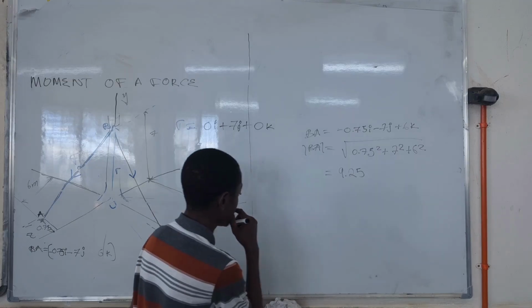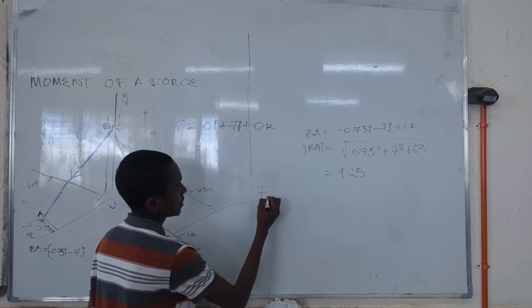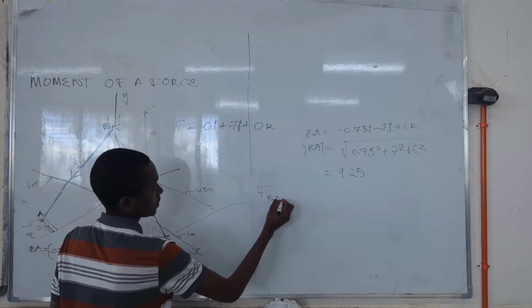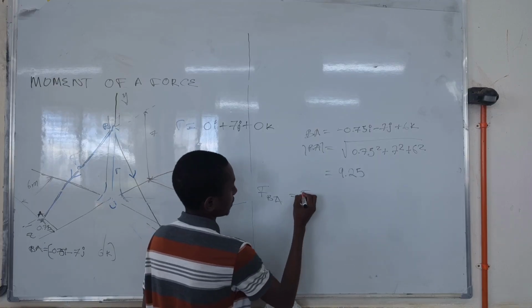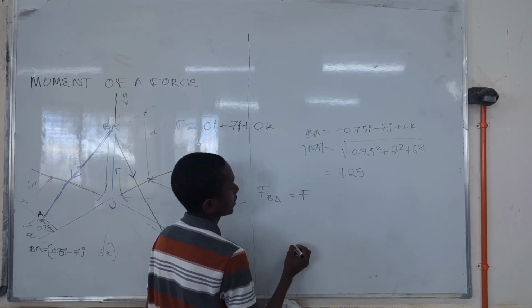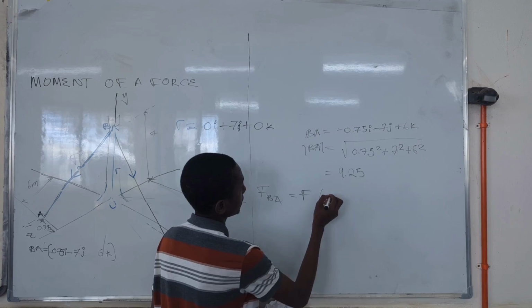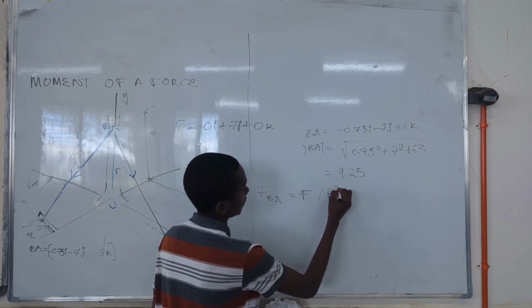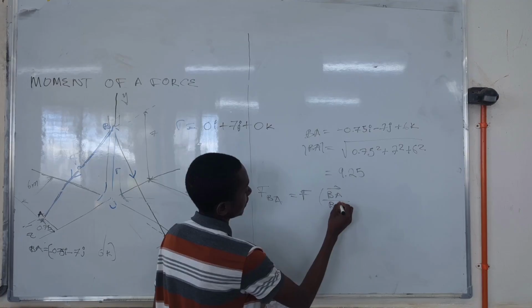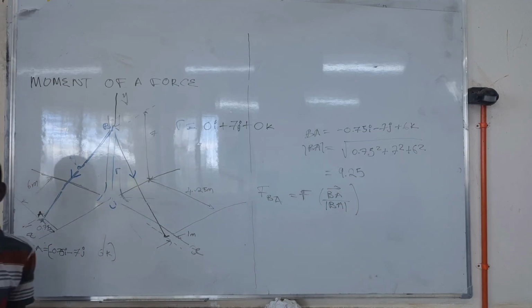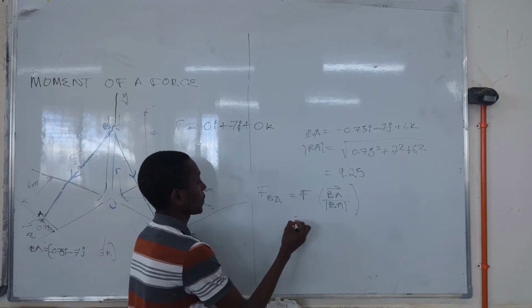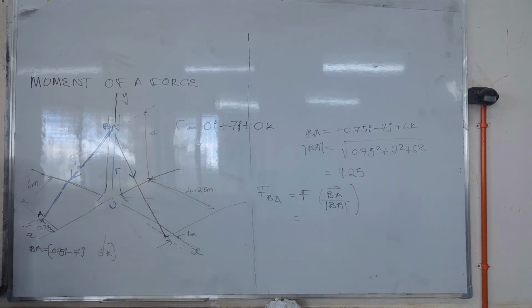So I'm going to do it like this. The force BA is equal to the magnitude of the force times the unit vector, which is BA over its magnitude. What's this force? What's its magnitude? 555.